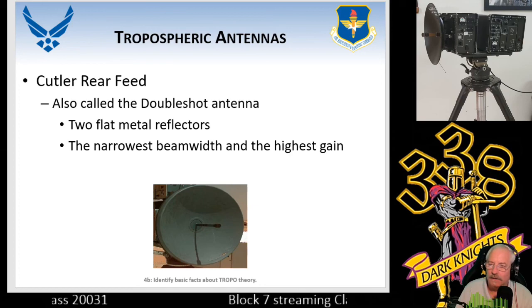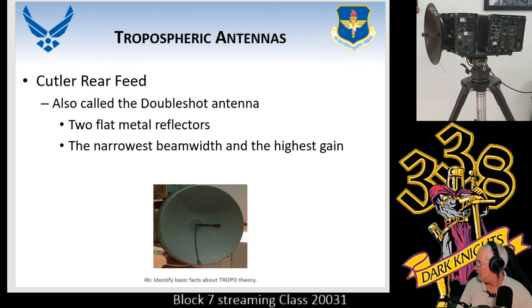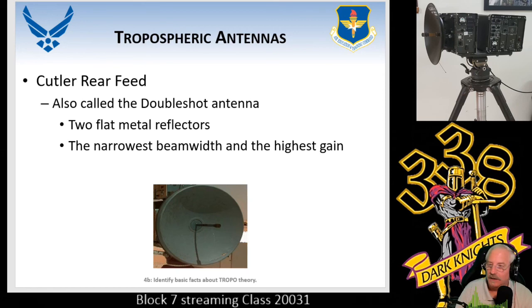We have a Cutler, which is a rear feed. This is what we will be using when it comes to the Tisser. It uses this waveguide that has two flat metal reflectors on it.